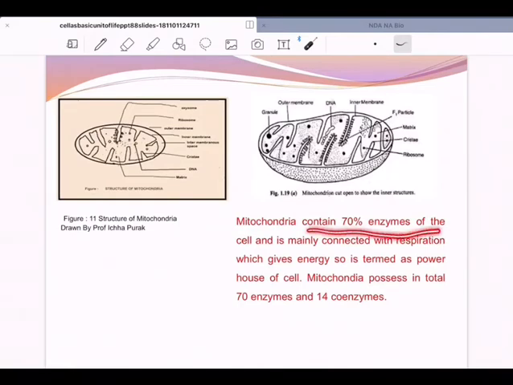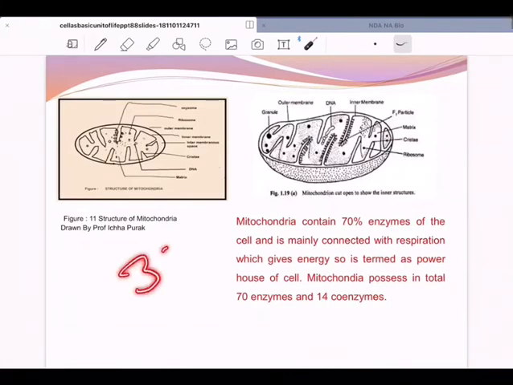So mitochondria contain 70% of the enzymes of the cell, and are mainly connected with a very important function called respiration. Because of respiration, as I said just now, glycolysis takes place, glucose is broken down, and whenever glucose is broken down, we get a lot of energy.